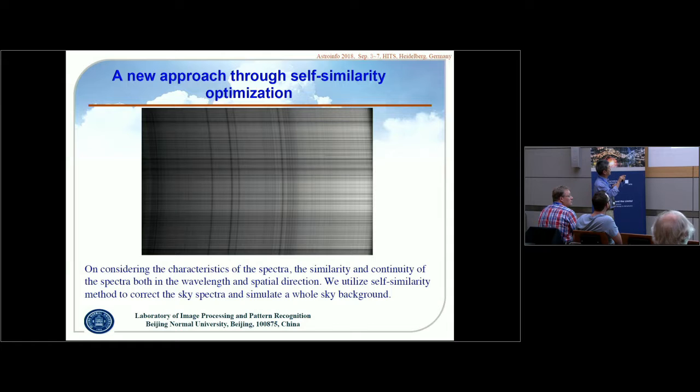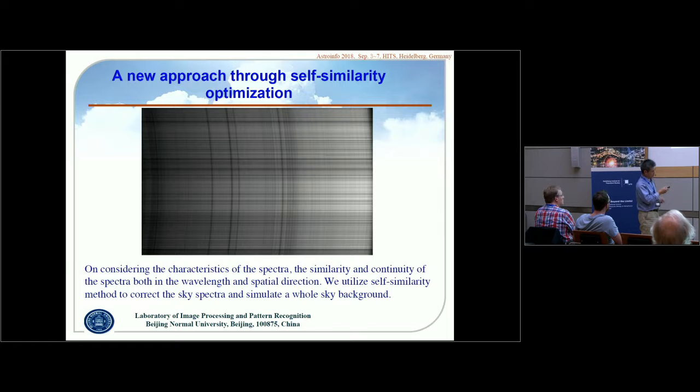We use the part with sky signal and want to eliminate the sky background of the whole image, which is a little difficult.